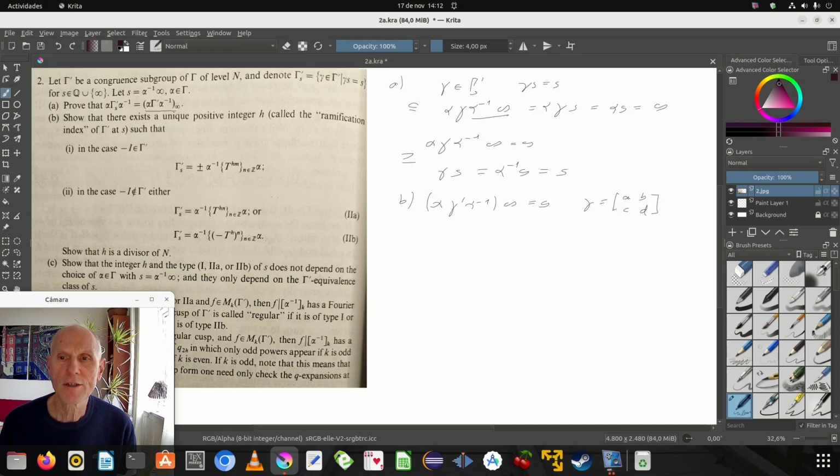And if C is distinct from naught, then infinity maps to A divided by C, which is a rational number. So it can only map to infinity if C is naught.